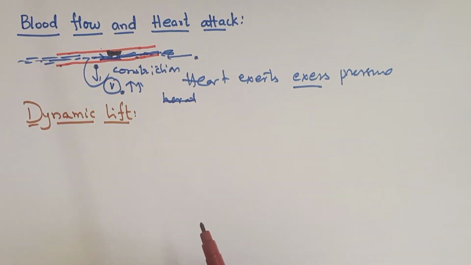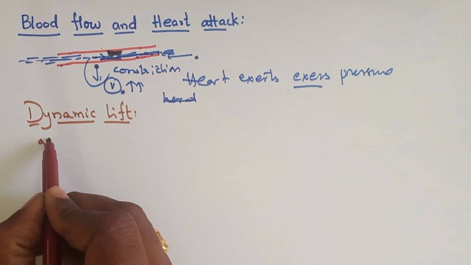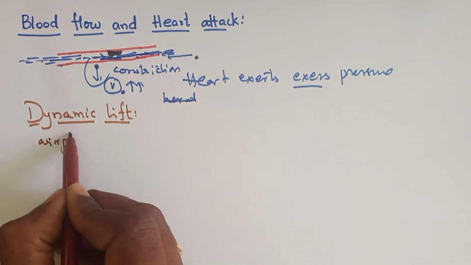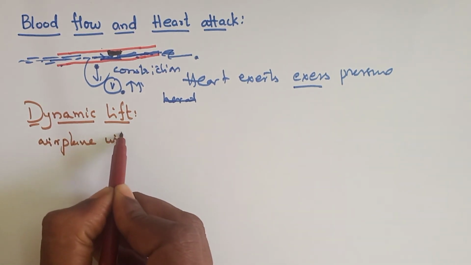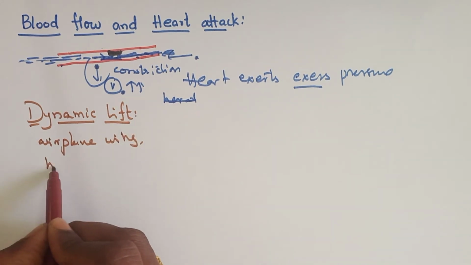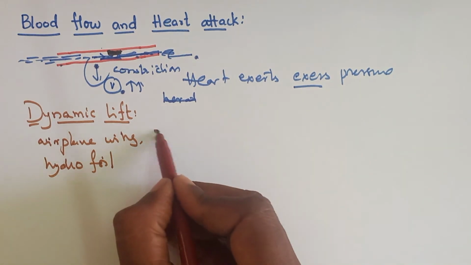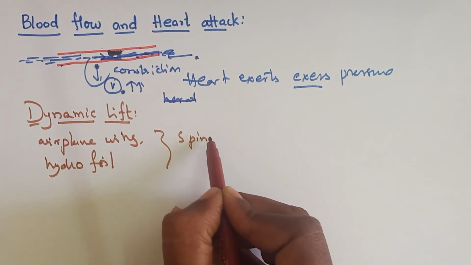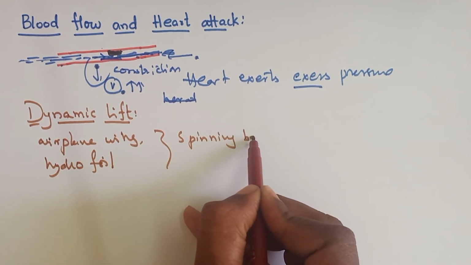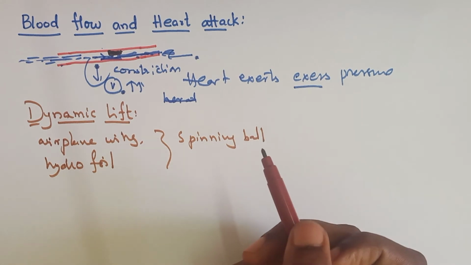Another application of Bernoulli's principle is dynamic lift. Dynamic lift is nothing but the force that acts on a body like an airplane wing, a hydrofoil, and a spinning ball, right?